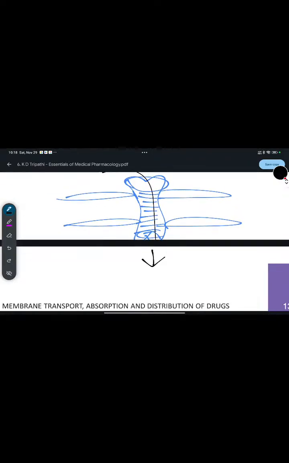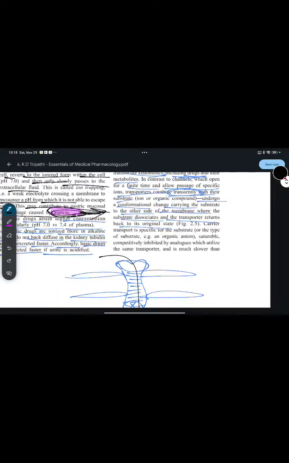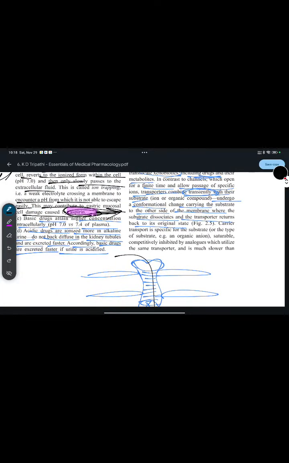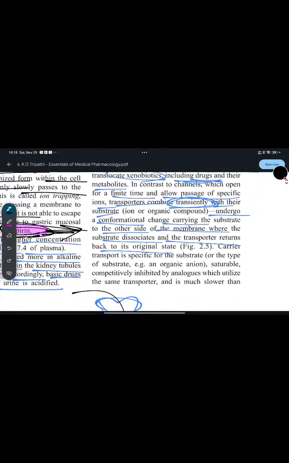So what will happen? When the substance comes and binds here, it will change its shape. I'll show you once again.